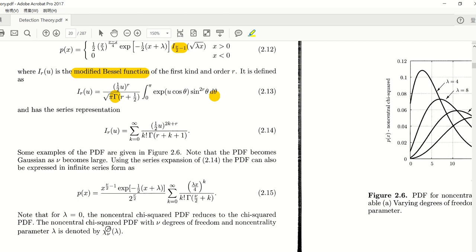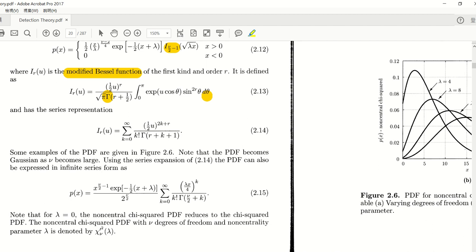The non-central chi-square PDF with V degrees of freedom and non-centrality parameter lambda is denoted by this. It's a chi with the prime, and then V to the square, and then parenthesis lambda. That is the notation for the non-central chi-square distribution.